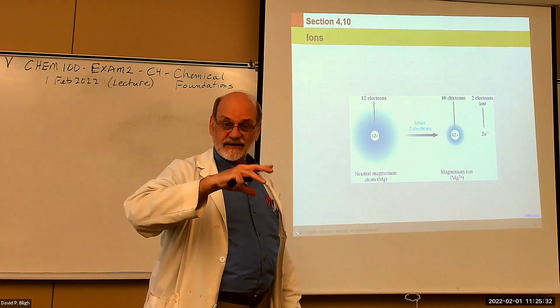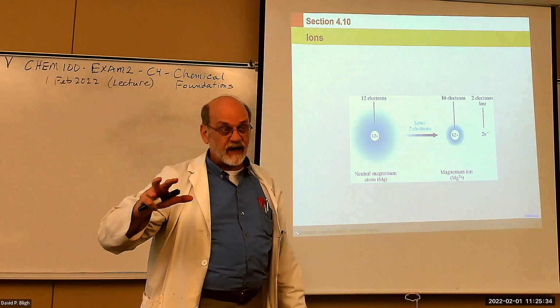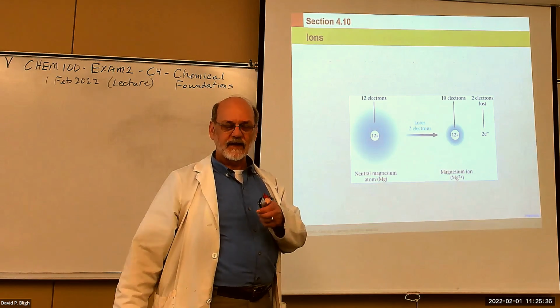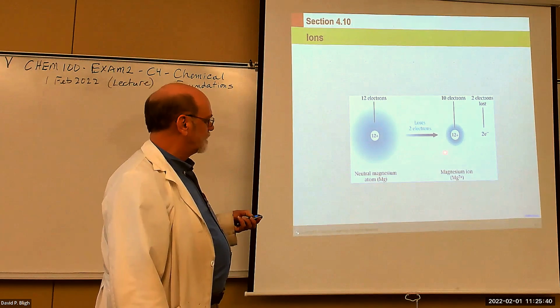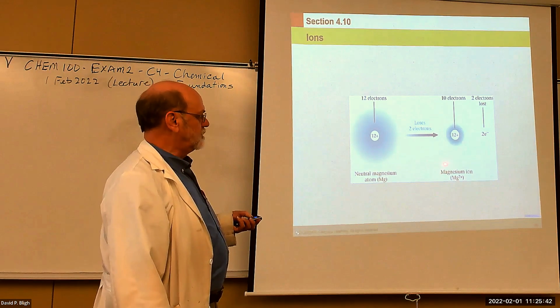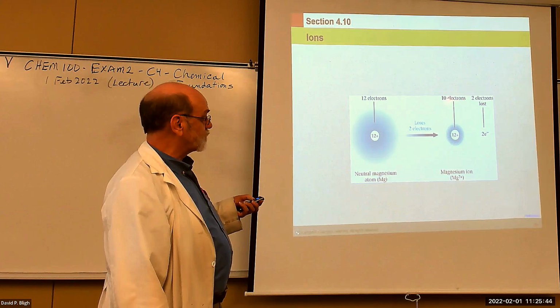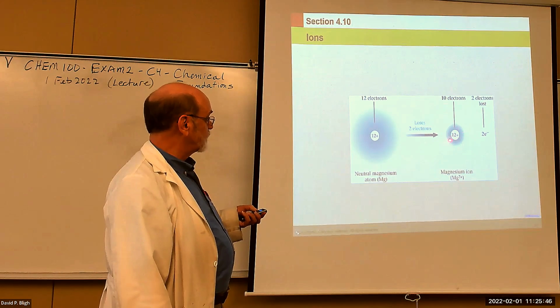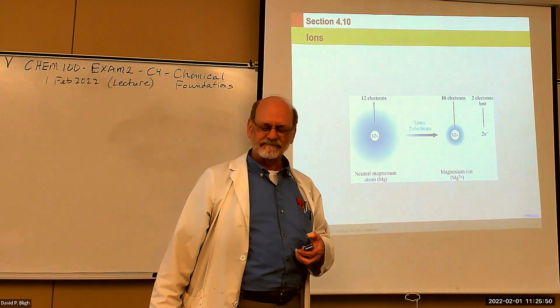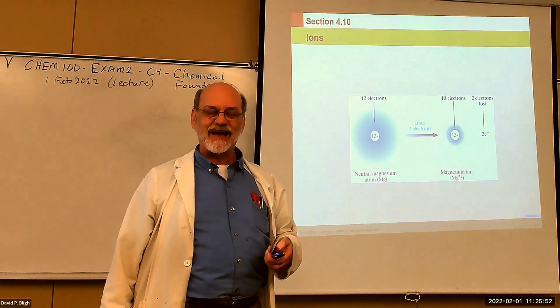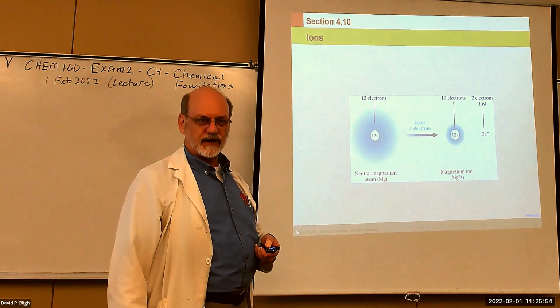More electrons makes it negative, fewer electrons makes it positive. Okay? It's always the balance between the number of electrons and the number of protons. So if you only have 10 electrons in this ion, but there are 12 protons in the magnesium atom, you have a +2 imbalance, which makes the ion +2 charge.